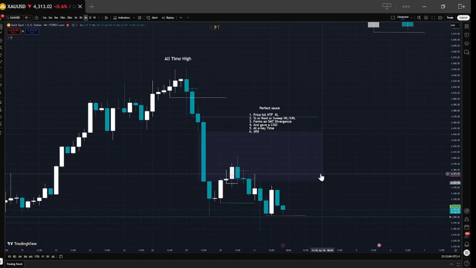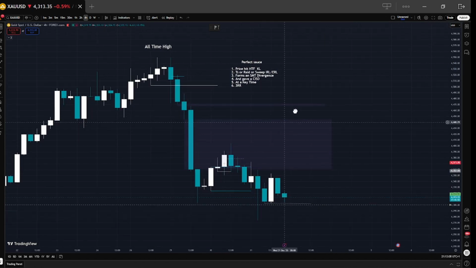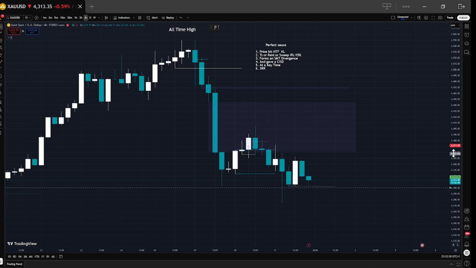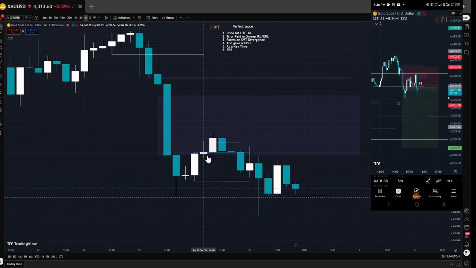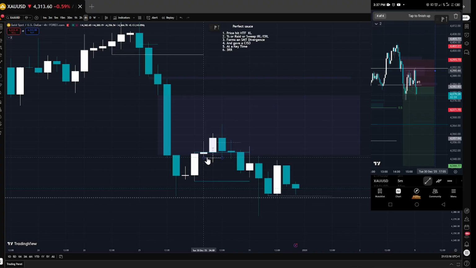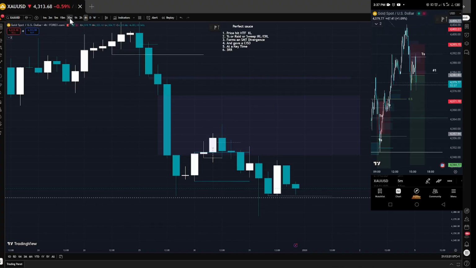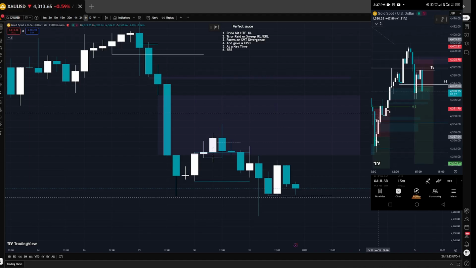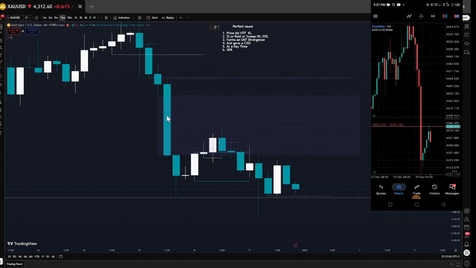Remember that a higher time frame key level always produces lower time frame expansion or lower time frame distribution. So I actually executed this one. You can see that in the shot that we have at the right corner here, as the first trade I executed on that particular day.